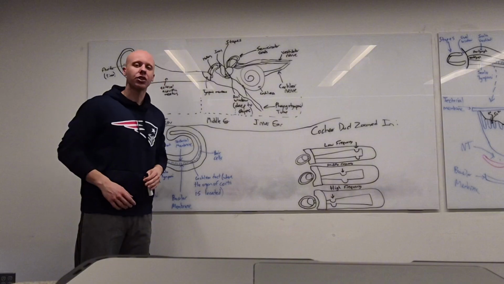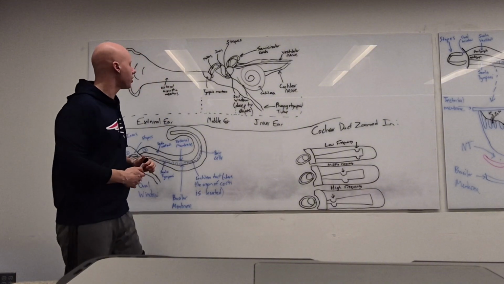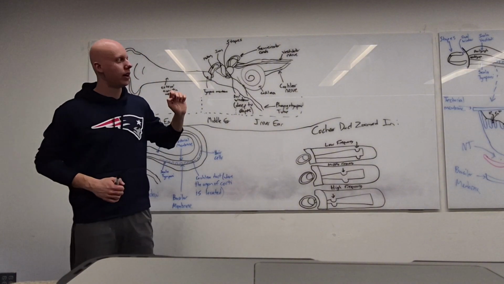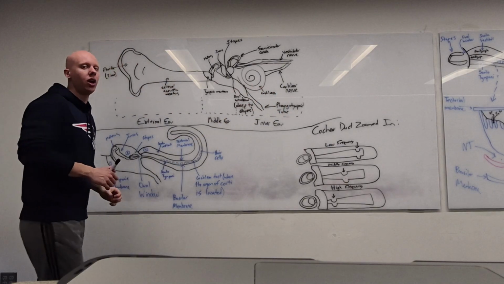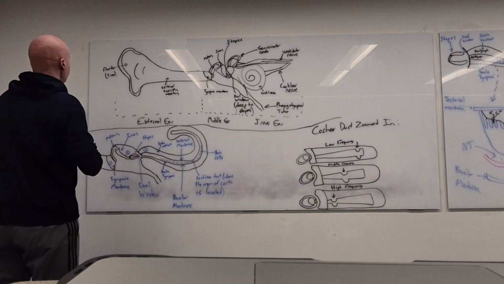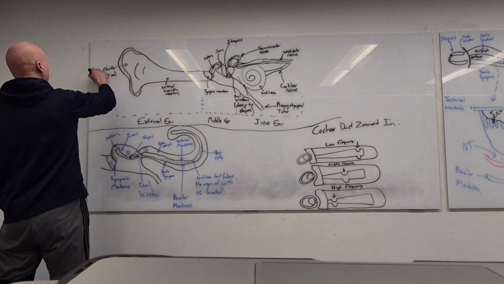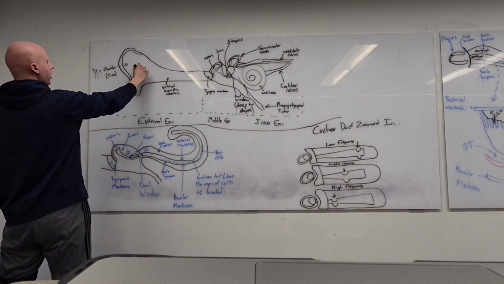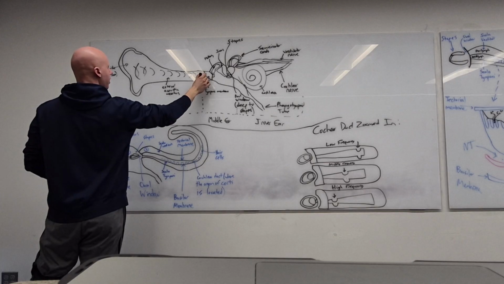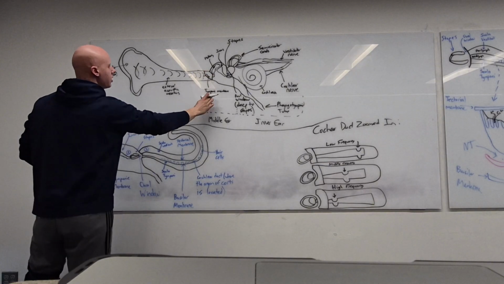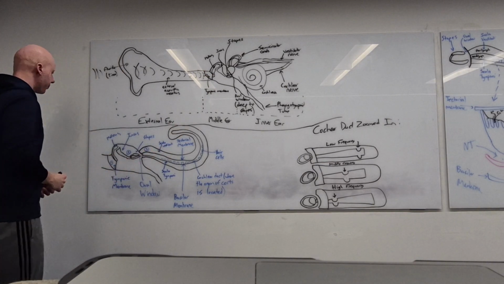All right, so now let's go over the pathway of sound coming from the auricle and going all the way to the primary auditory cortex in the temporal lobe. We're going to go through it step by step. So we start out, we have sound waves that are going to come into the ear, and they're going to hit the tympanic membrane, the eardrum.